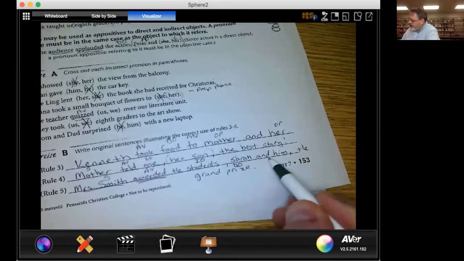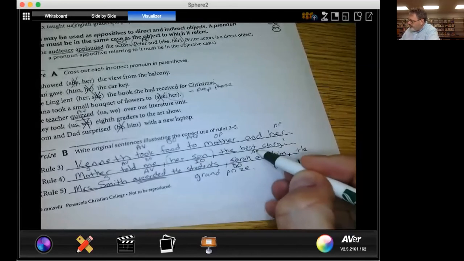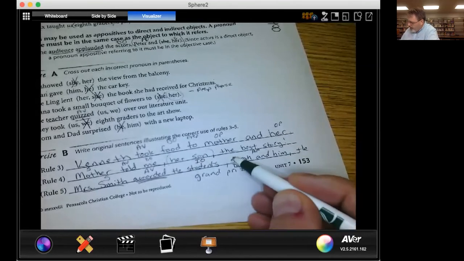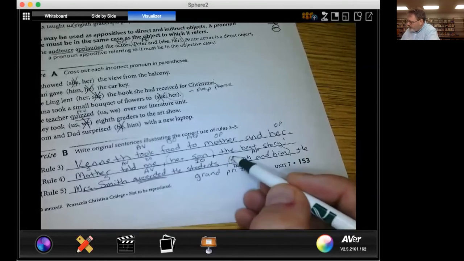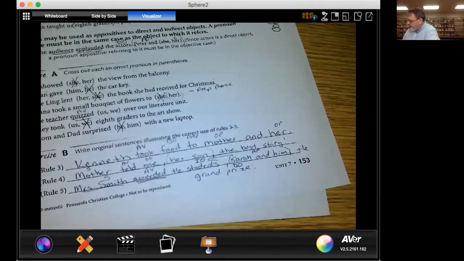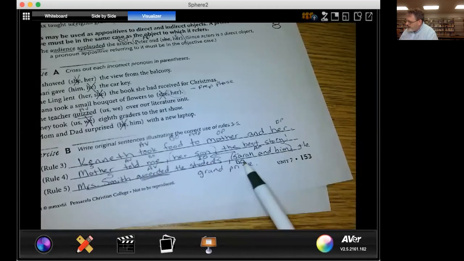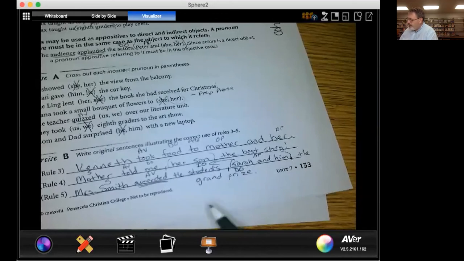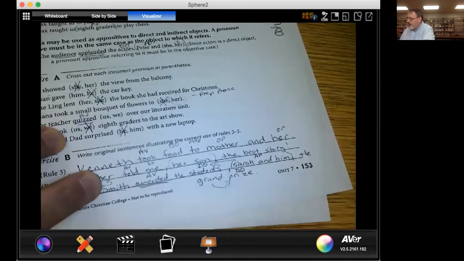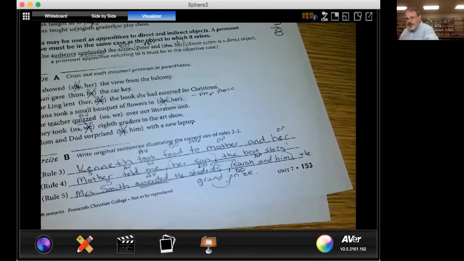And then Sarah and him is an appositive that's making sure we're positively sure we know who that indirect object is talking about. What are the two students? Sarah and him. So Mrs. Smith is the subject, action verb awarded, indirect object students, appositive Sarah and him, grand prize, or prize is direct object. Grand would be an adjective describing that. Okay, so you make sure you get those corrected.